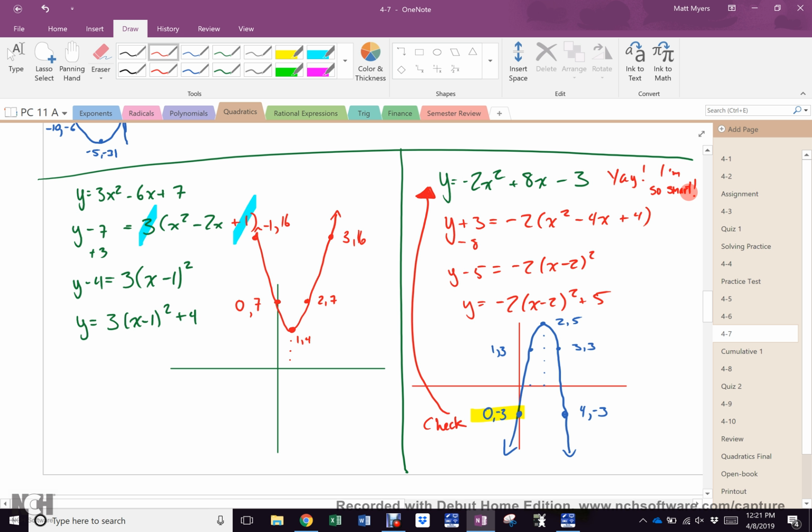Everyone is good, yes? Once again, I remind you, what have we really brought to this party? We've got to substitute in x's and y's. When did we learn that? Grade 8 and 9, right? I've got to put something on a graph that is made up of what? x's and y's.